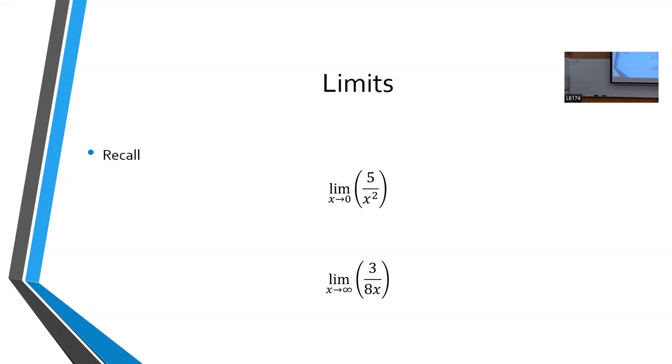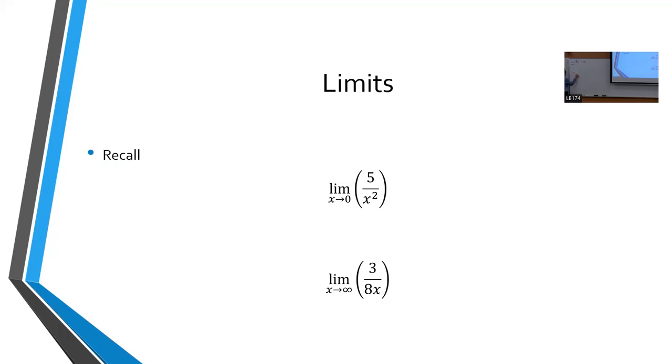So as x goes to 0, in that first one, the limit of 5 over x squared is infinity. And the reverse is also true.